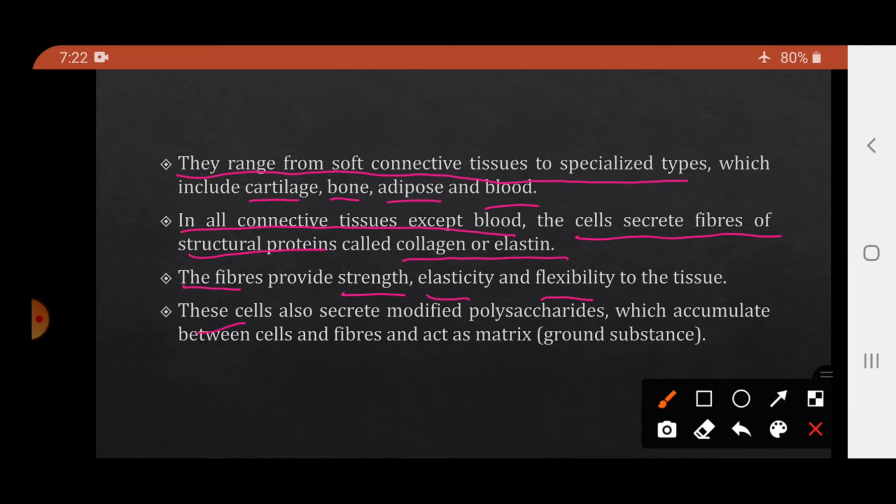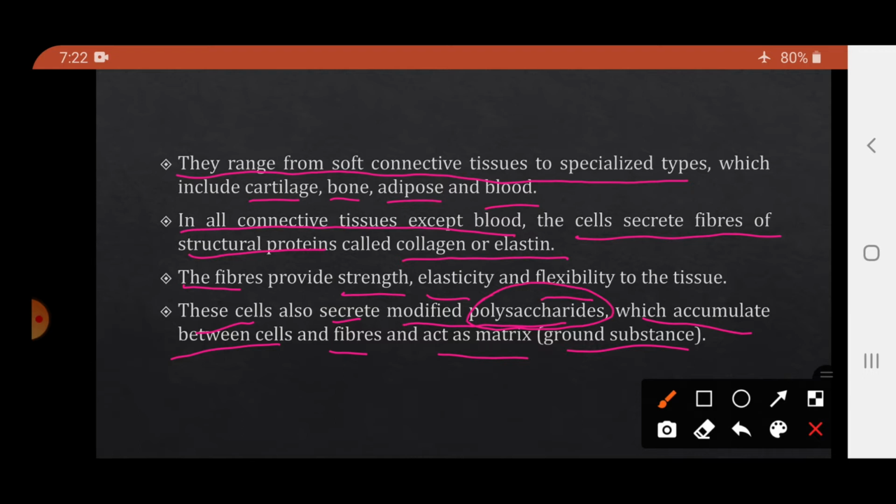These cells also secrete modified polysaccharide which accumulates between the cells and fibers and acts as a matrix or ground substance. I told you that there is the presence of the intercellular fluid which is secreted by the cells. So that intercellular fluid's chemical nature is polysaccharide.